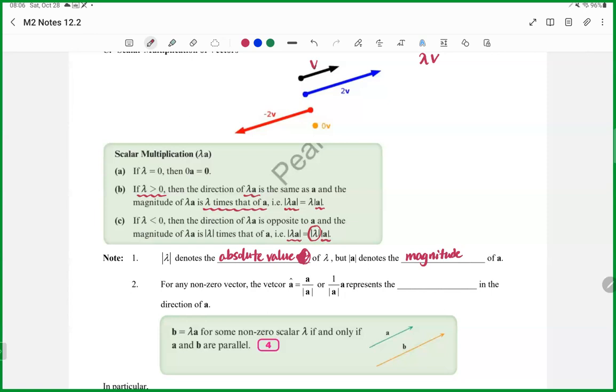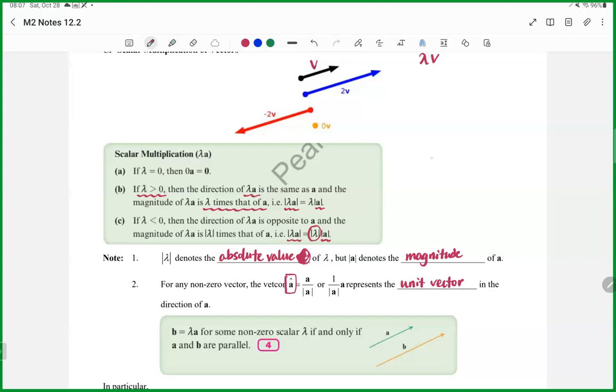Now for any nonzero vector a, we denote this vector, this is a notation, as a divided by the length of a, or you can write it as 1 over the length times a. It represents the unit vector in the direction of a. This is also difficult to understand, but I'll show you using a figure.